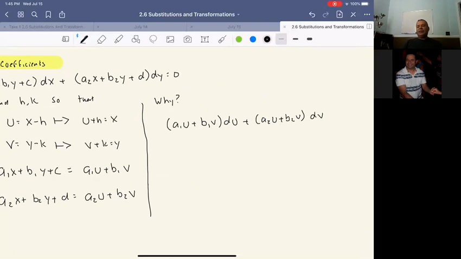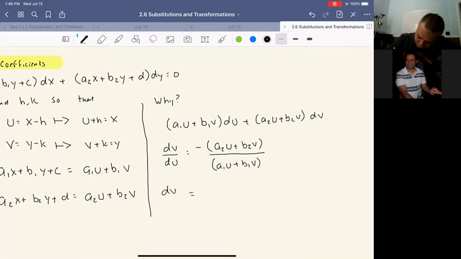We can actually make this into a homogeneous equation. dv/du is going to be negative (a2u plus b2v) over (a1u plus b1v), and then we can factor out a u to get negative (a2 plus b2 v/u) over (a1 plus b1 v/u), and now this equation is homogeneous.